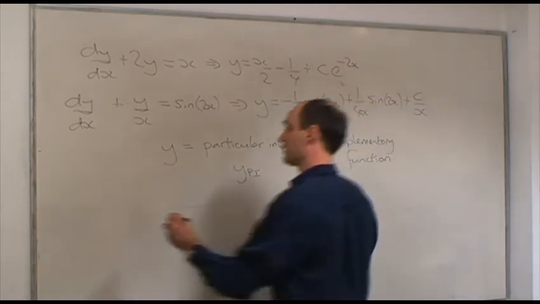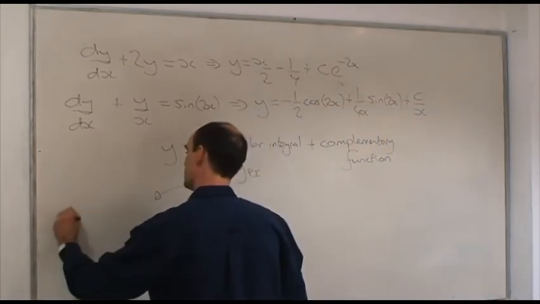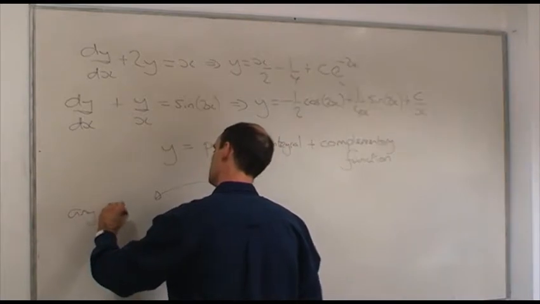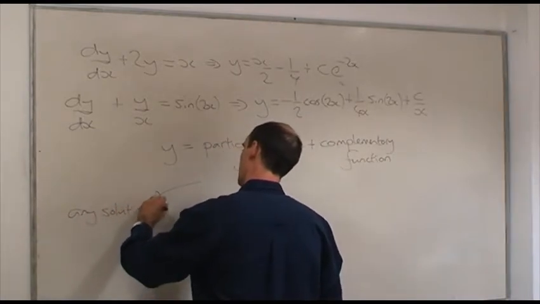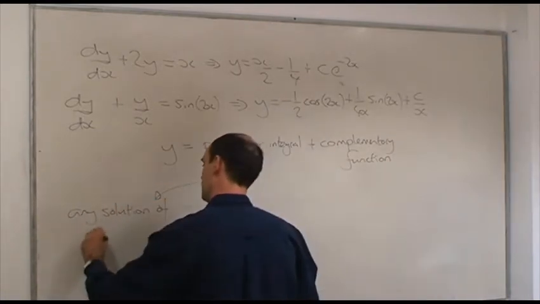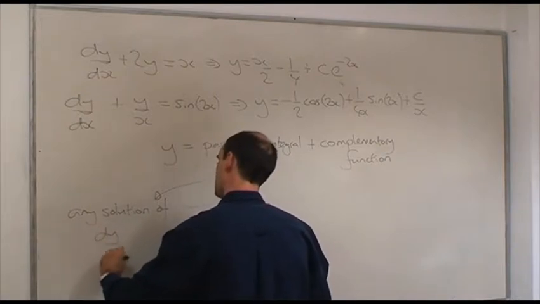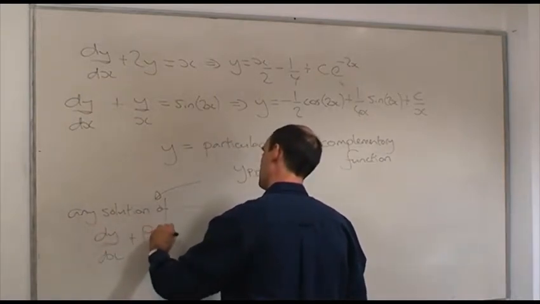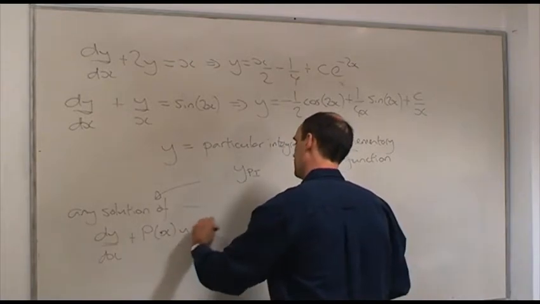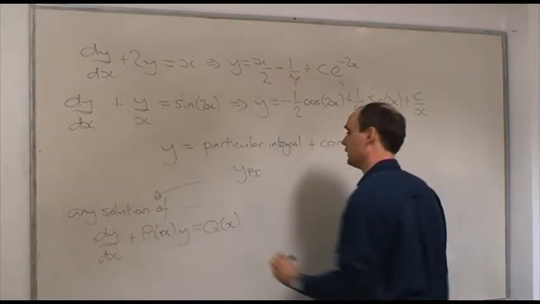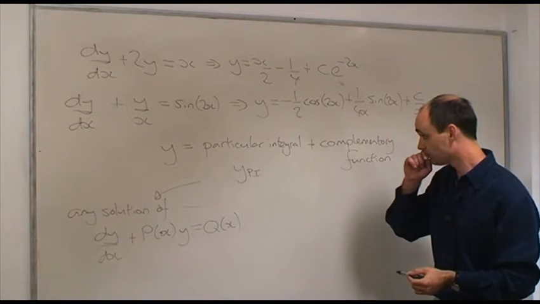So the particular integral is any solution of the original differential equation, which in general is dy by dx plus p of x y is equal to q of x. Any solution we can find at all.